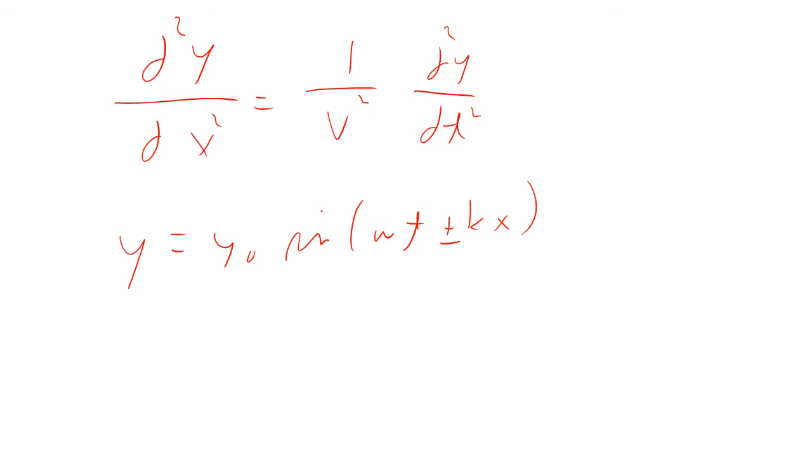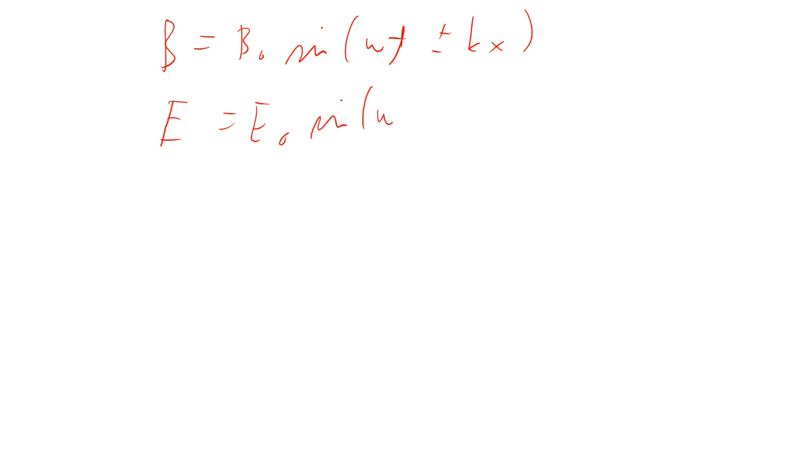Well, if you look at what we just had, that means that B and E are now waves. So B is some B naught sine of omega t plus or minus kx, and E is some E naught sine of omega t plus or minus kx, and the speed is equal to 1 over the square root of mu naught epsilon naught.